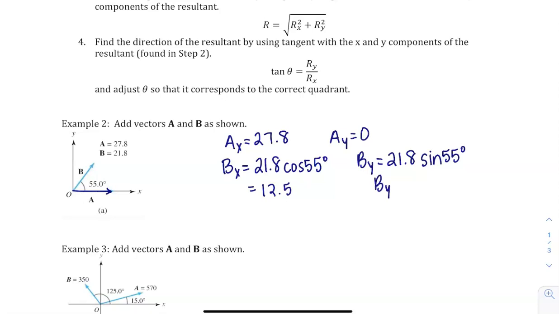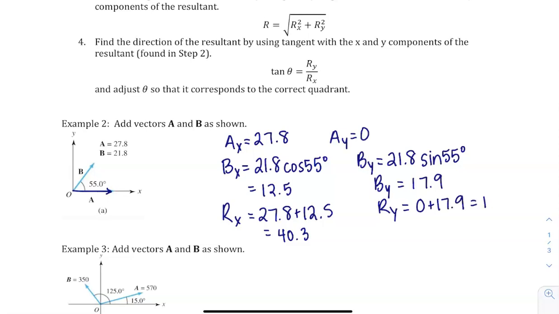So our y component is 17.9. So our resultant here for the x, we'll add 27.8 plus 12.5 to give us 40.3. Then the resultant of y is 0 plus 17.9, which is simply 17.9.